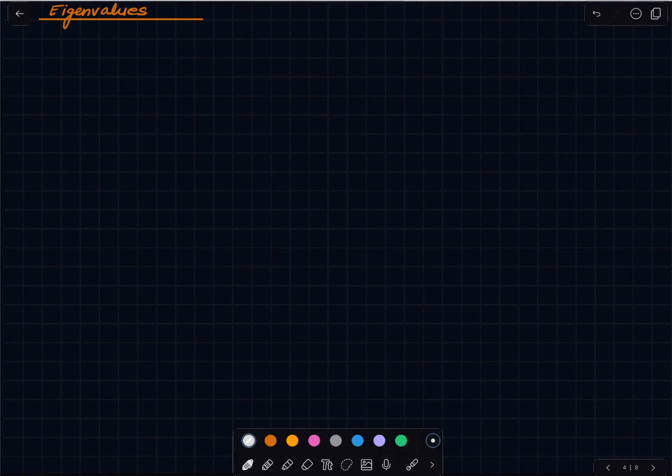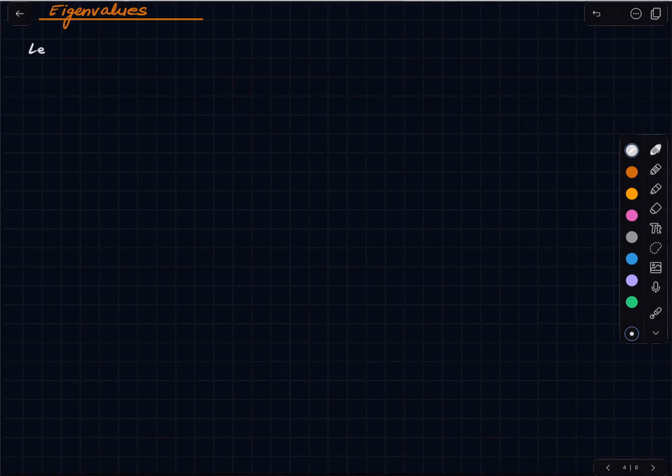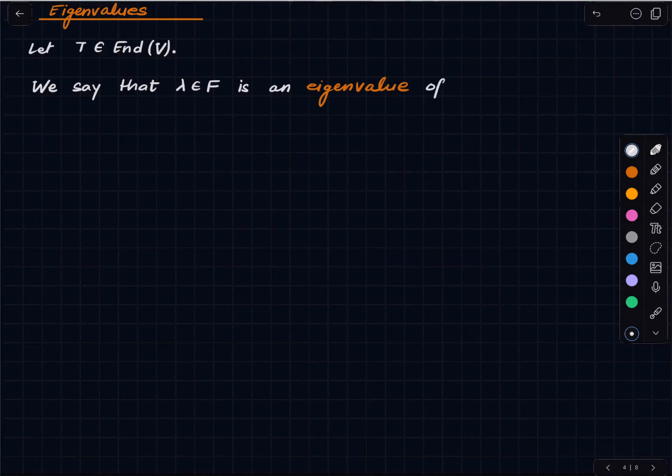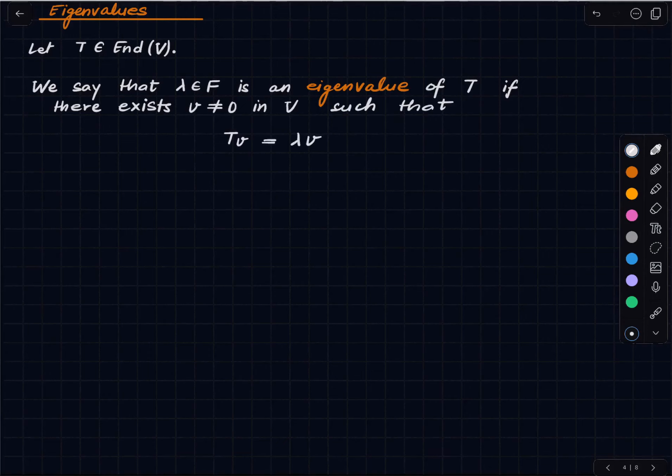So let T be an endomorphism of a vector space V. We say that a scalar lambda, where capital F denotes the base field of the vector space, is an eigenvalue of T if there exists a non-zero vector V such that TV is equal to lambda V.